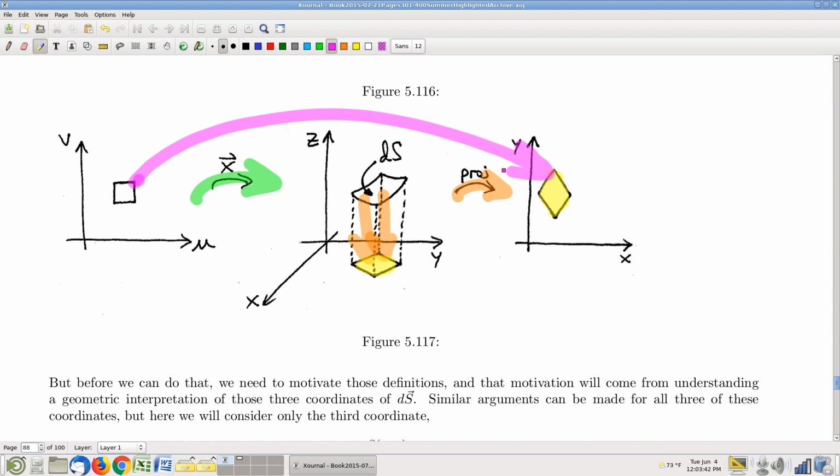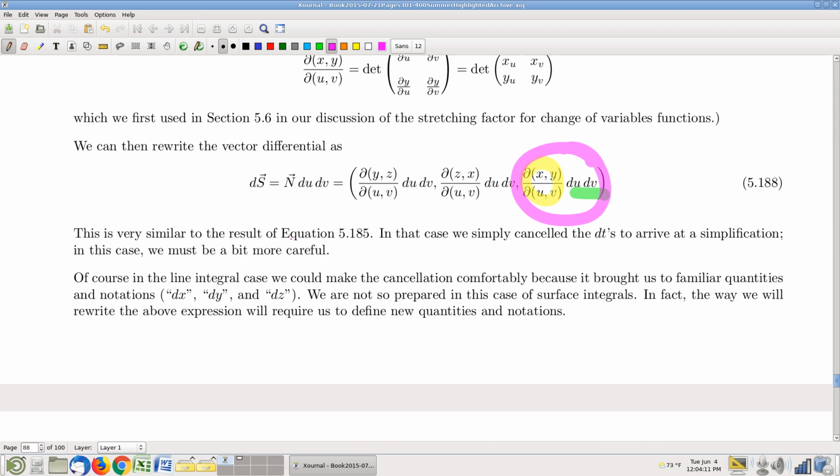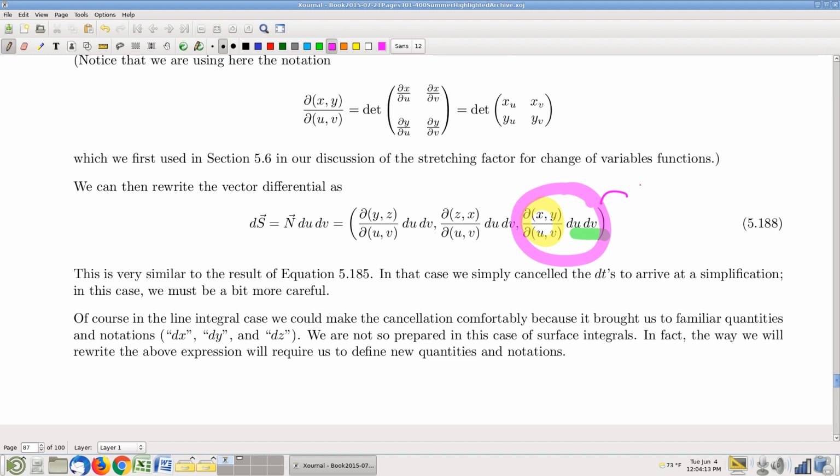So this thing here I very reasonably should call dx dy, because it is an area in our xy plane. It's the area of the projection of our piece of surface down into this xy plane. So I really should call that dx dy.